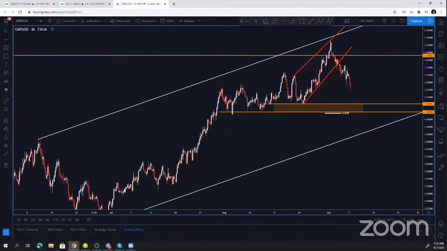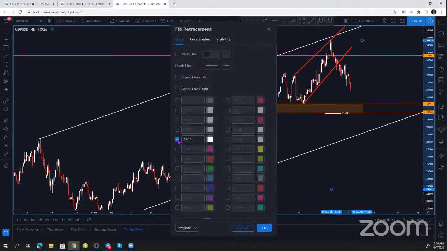Now, this is the last impulse up. The real last impulse up is from these lows to these highs, right? So I'm going to draw a fib. Let me just grab my crosshair tool to get the real low and the real high to see how much pullback we're talking about.